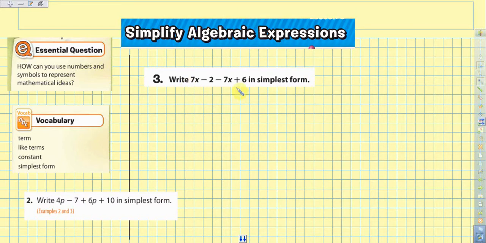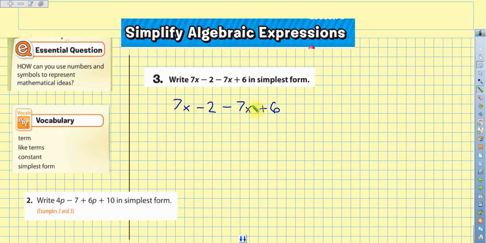Now we have a nice long particular expression. 7x minus 2 minus 7x plus 6. So what I'm going to do here is I am going to identify the terms that are like using different colors.